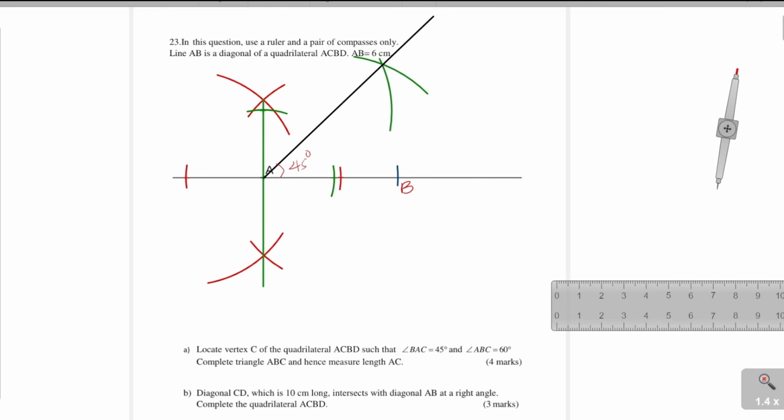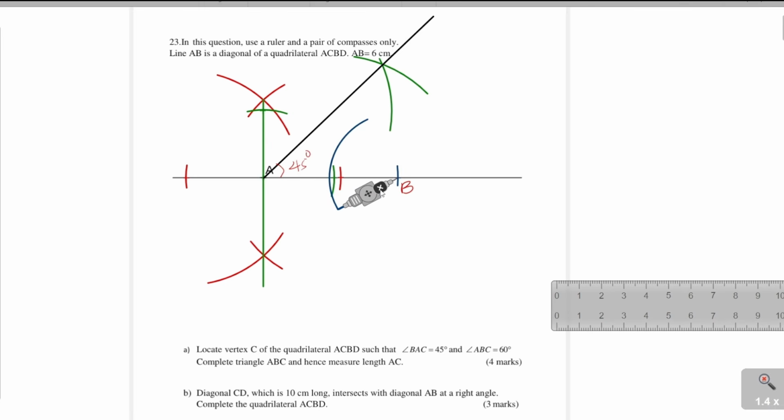Now we need to construct 60. Angle ABC is equal to 60. We are still on part A. So we construct 60 degrees at B. You stand at B and you want to construct 60 degrees to the left hand side of B. Stand at B in a suitable radius of your choice and mark a bigger arc like that.